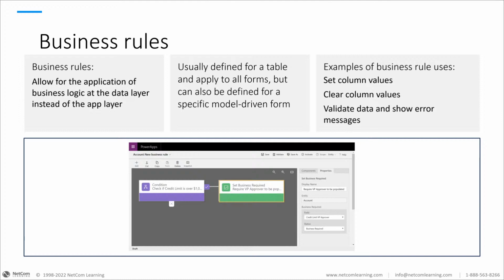So the left-hand side of the columns is the condition, which is the actual validation that you need to do and complete. And then the right-hand side is the actual rule. So the rule says if it's over $1,000, a VP has to approve it. If it's under $1,000, then the manager can just approve it. Okay? And so that's how the rules are created and applied within the application.